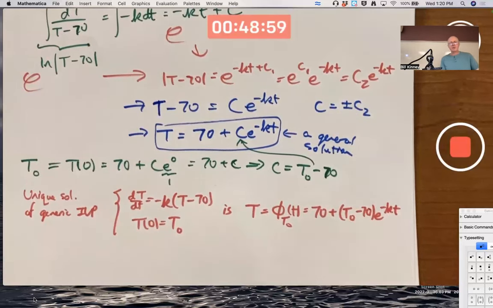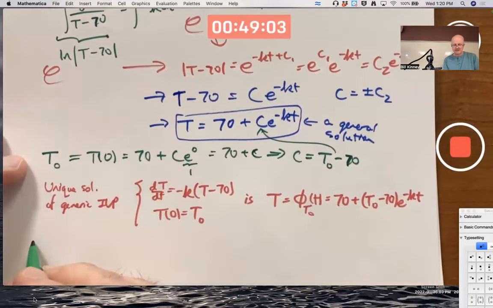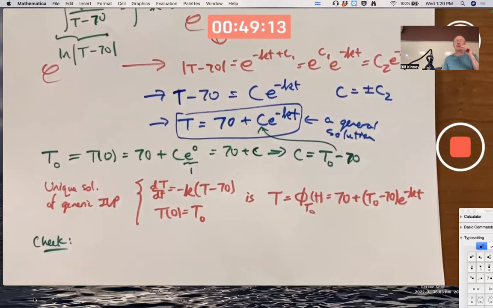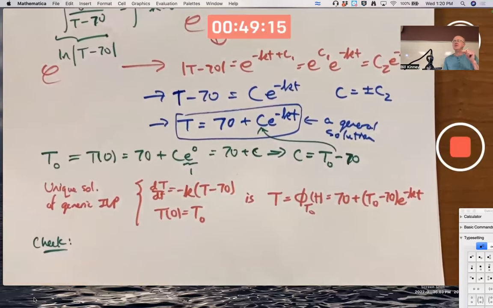It is always a worthwhile thing to check that it works. And we've done this so often, including right now, that I'm thinking I'm probably going to put a checking problem on the final, where I give you a formula for a function and I say either check that it is a solution of the differential equation or not a solution.